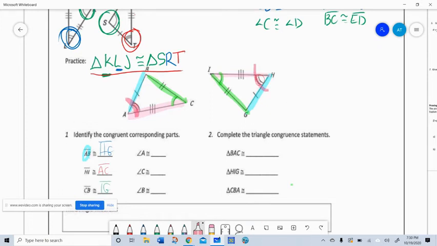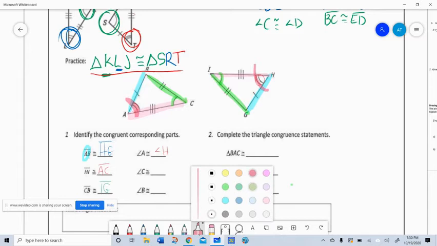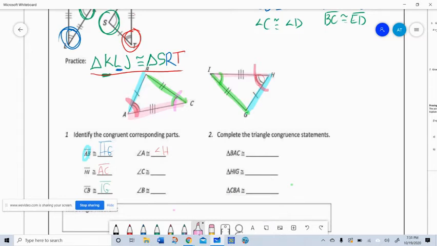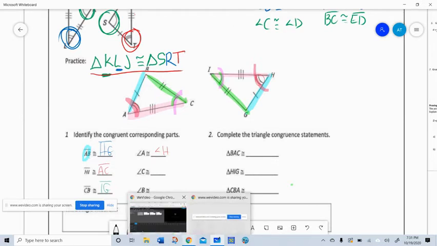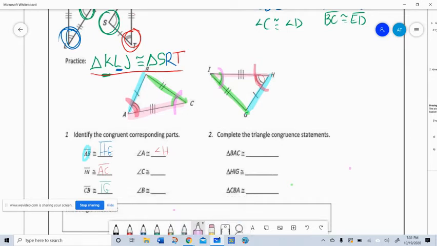And so angle A is going to be congruent to angle H. Angle C here has got 1 line, and so that's congruent to angle I. And angle B, the one left over that doesn't have any marks on it, is going to be congruent to the one that doesn't have any marks over here, which is angle G.